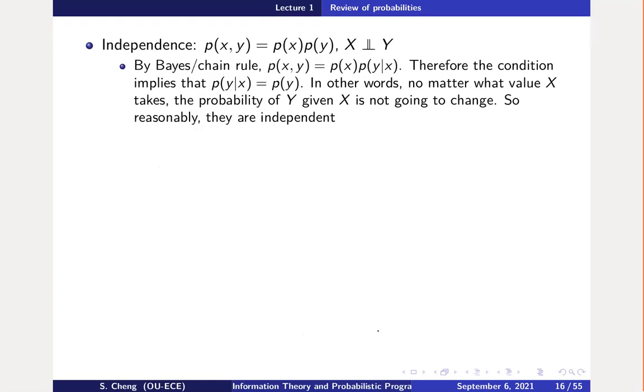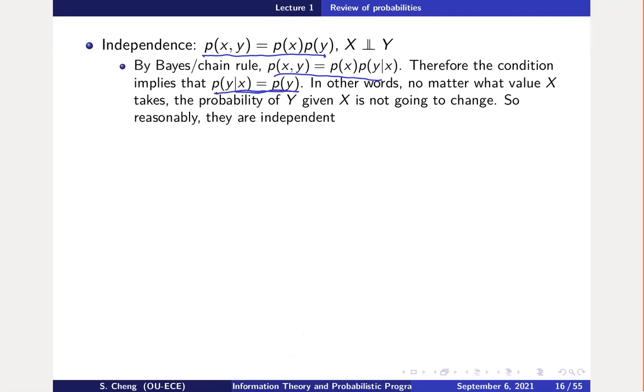Now, independence and conditional independence. Independence is typically the condition you learn when you first learn probability. But as mentioned, because of the chain rule, you always have the factorization. Combining these two conditions, if x and y are independent, you have p(y given x) equals p(y).